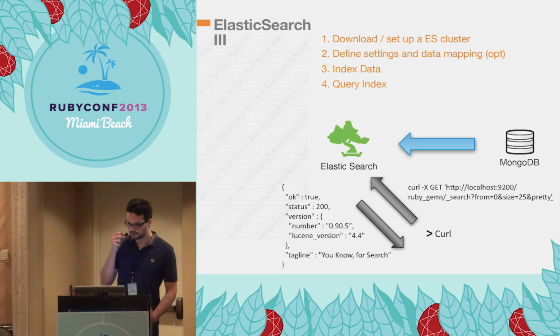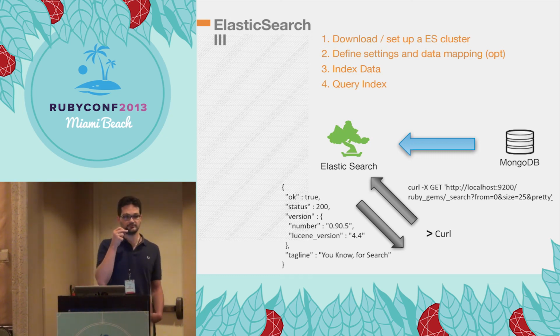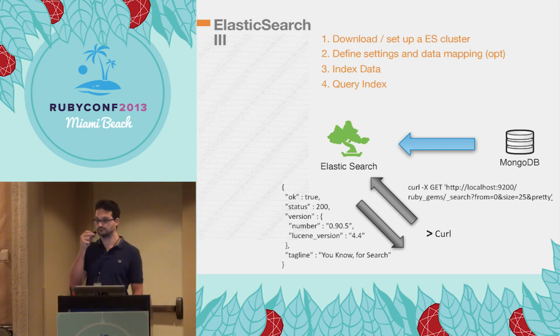We clearly have to download the Elasticsearch code, set it up, and define some settings. We will see some defaults and something that you have to change. Optionally, we have to define a data mapping. In the Elasticsearch world, data mapping is the equivalent of defining a database or table in the database world.